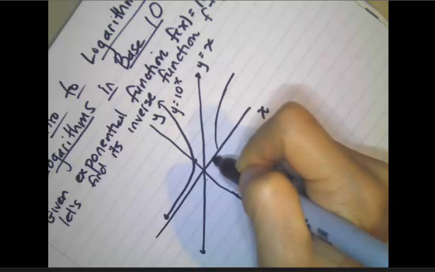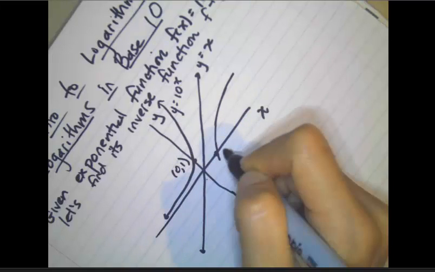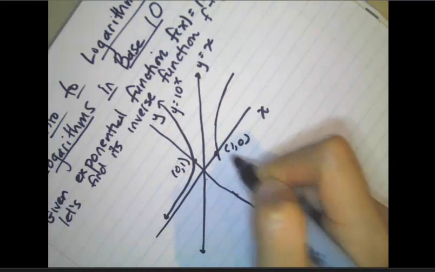What I like to do is flip the page around so the y equals x line is vertical, and I just want to make sure it's a reflection across. So I'm going to very carefully draw a line, and what I notice is that this point right here is (0, 1), so this point right here is going to be (1, 0), which is reversing the x and the y.